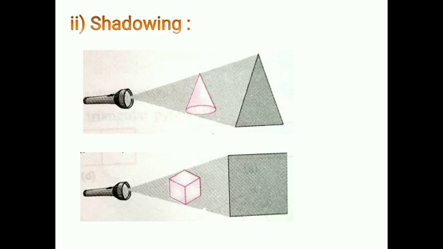Now the next type is looking at a solid from different angles. If we look at an object standing in front of it, or from the side, or from above, each time we get a different view, correct?